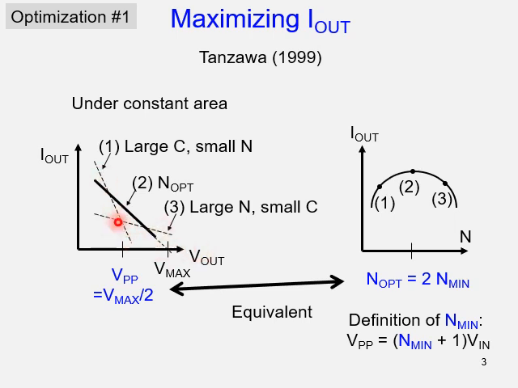And therefore, if you look at the three typical curve lines, you get the maximum output current at VPP, so the number 2 line must be selected.